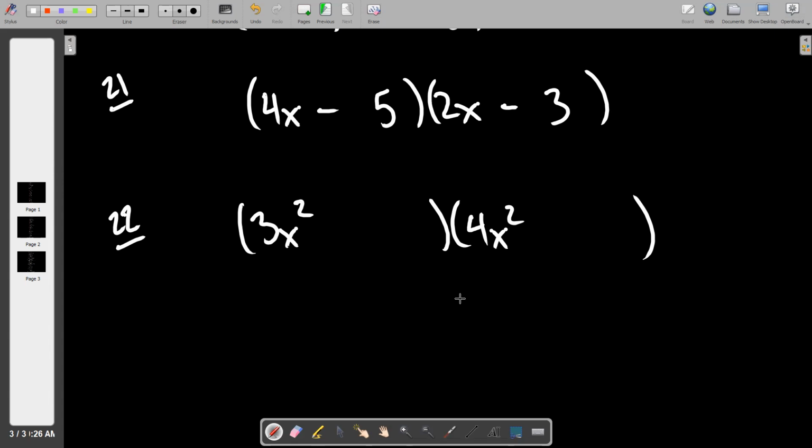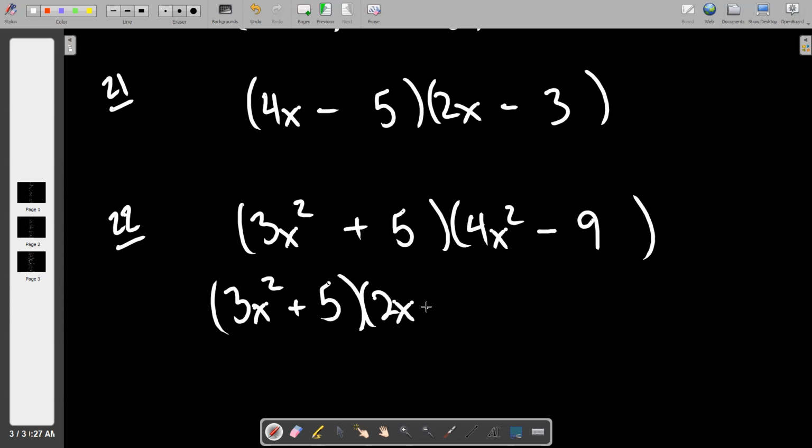So 9's going to go here, and 5 is going to go here. And that's 20 and 27, and I want minus to win. Oh, oof. Done? No, there's a difference of squares. I can't fool you guys. So we have our dead sum of whatever those are, and then we factor down 2x plus 3, 2x minus 3.